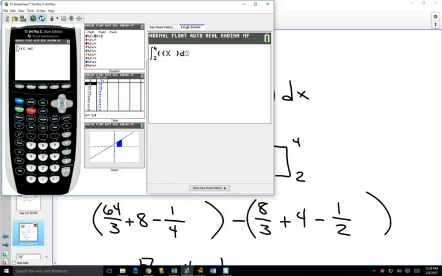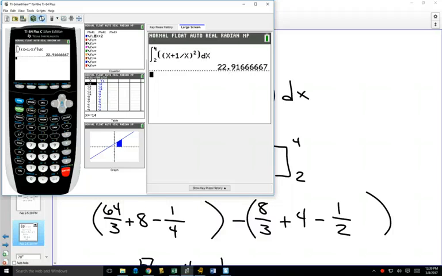X plus 1 divided by x to the power 2 dx.